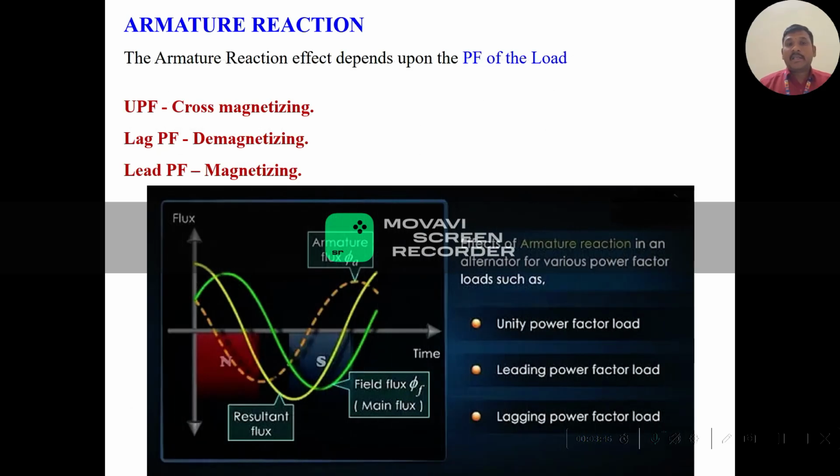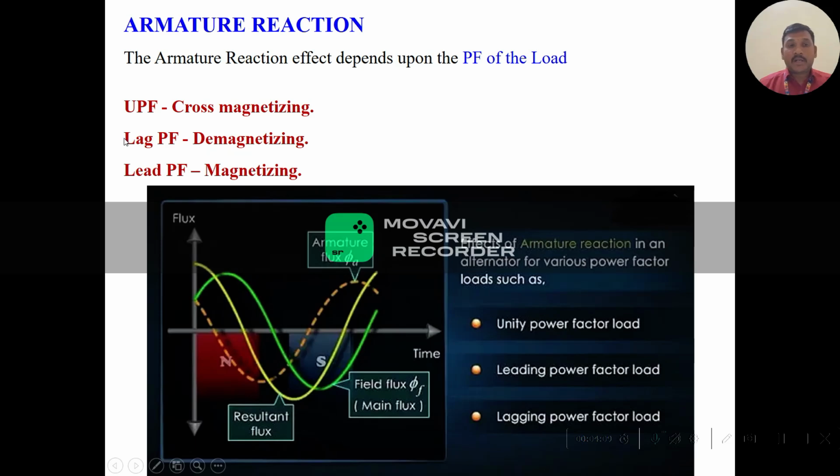There are three kinds of effects produced when we are connecting the three different loads across the terminals of the alternator. One is unity power factor. It creates cross magnetizing effect. This happens when you are connecting the resistive load across the terminals of the alternator.